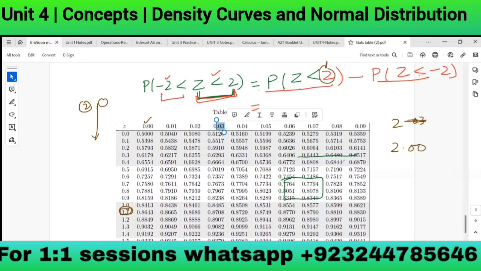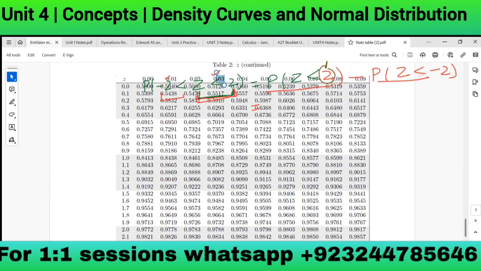So I find 2, and from here I have to find 0.00. This is my answer, 0.9772, correct?